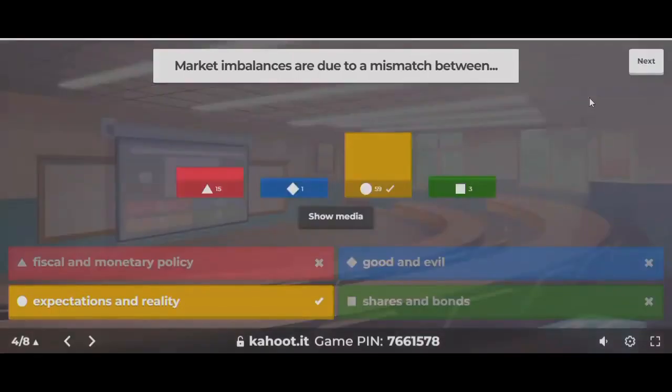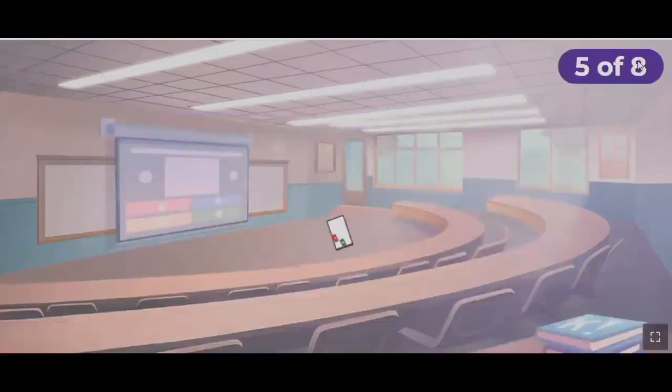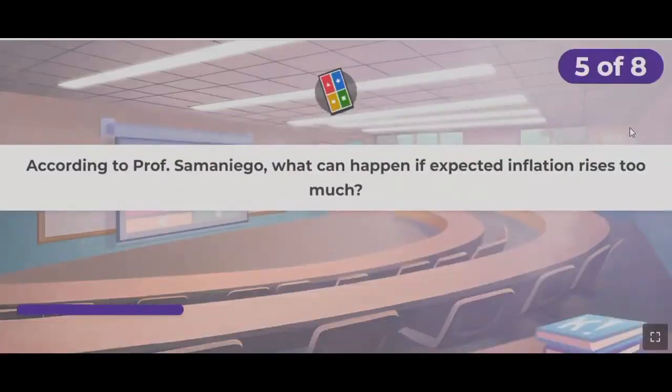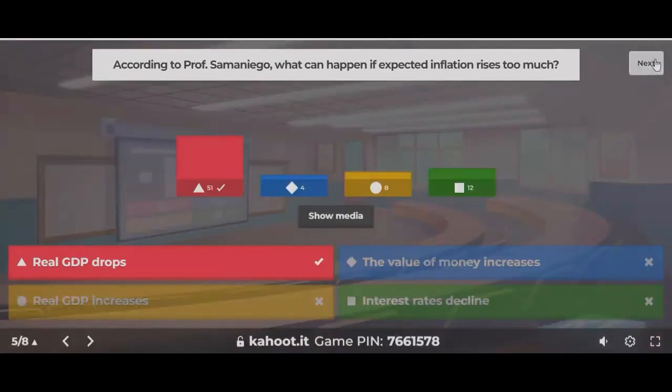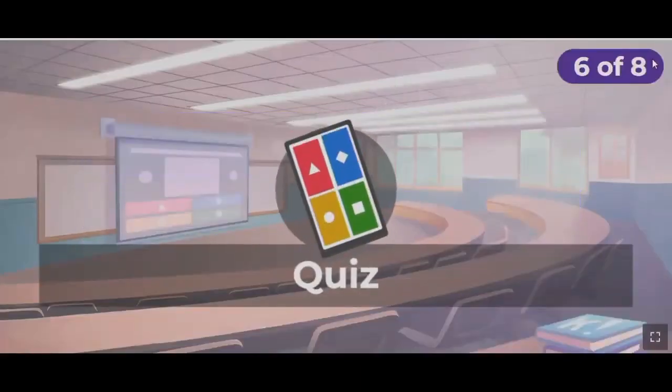Of course, the answer is expectations and reality. According to Professor Samaniego, what can happen if expected inflation rises too much? Real GDP goes down.